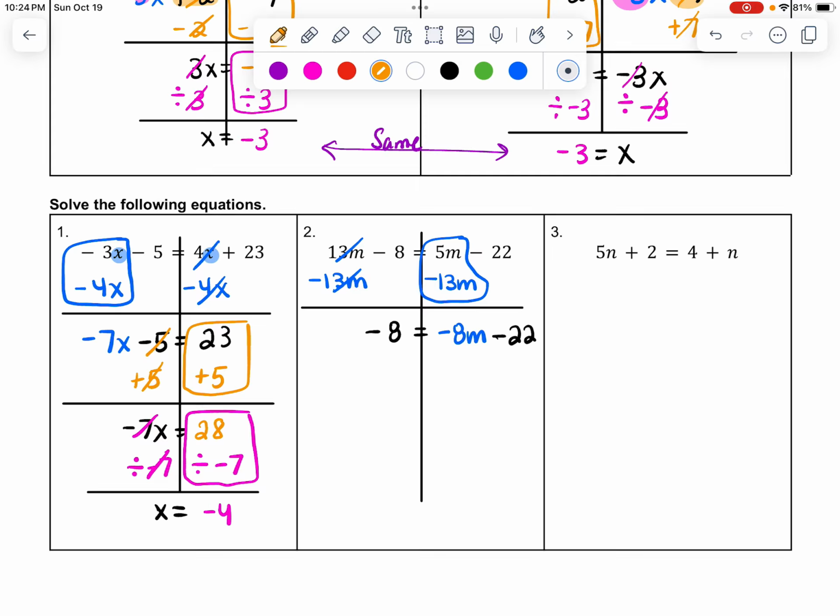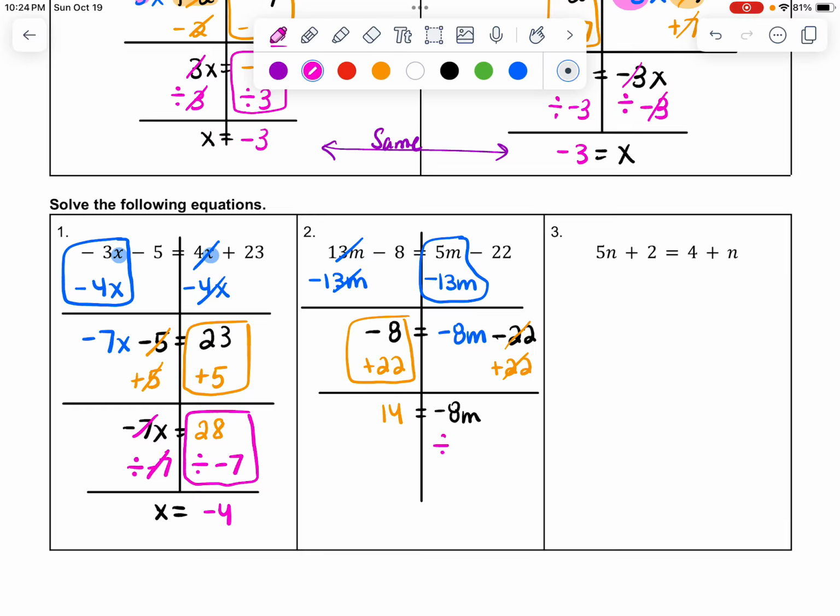Then we're going to solve just like we normally would. So we're going to add 22 on both sides. The negative 8 plus 22 is 14. And the negative 8m drops down. Then we're going to divide.